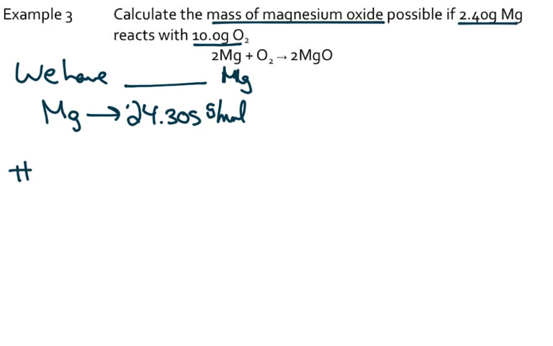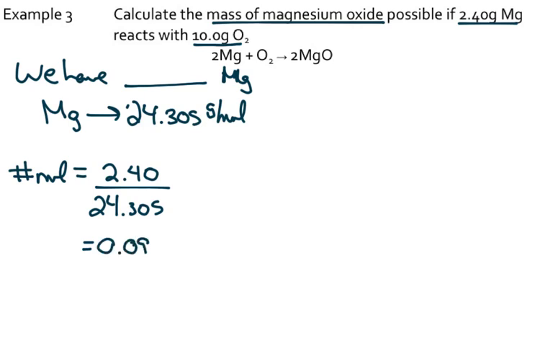Calculating the number of moles, mass divided by molar mass, so 2.40 divided by 24.305 gives us 0.098745 moles of magnesium.